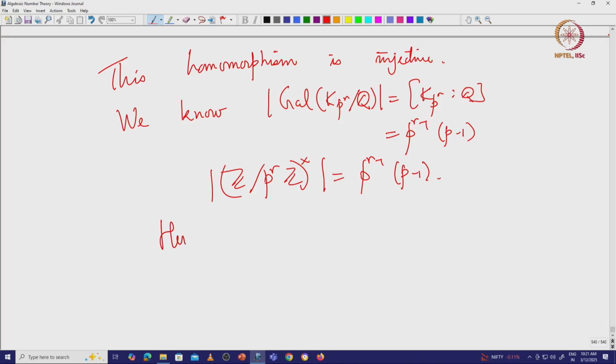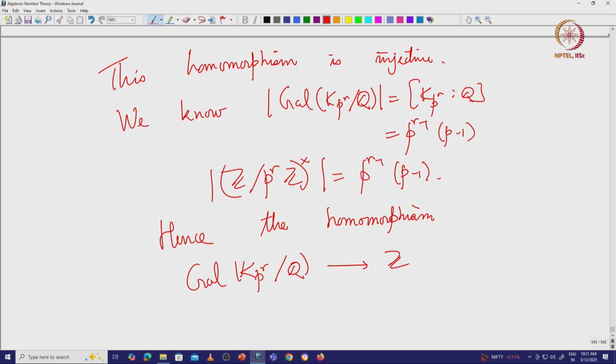Hence, the homomorphism from the Galois group into (Z mod p to the r Z) cross is an isomorphism. So, this was the last part of the theorem. We still have to prove a few more parts, but we are not proving it one by one or in the right order anyway.